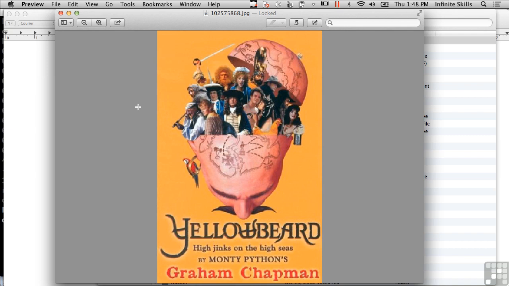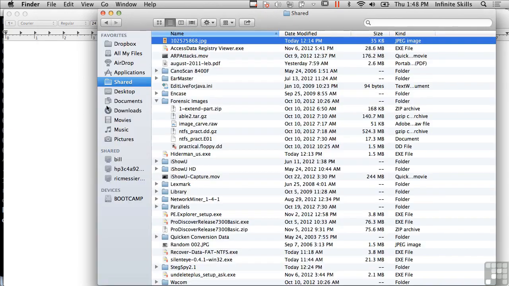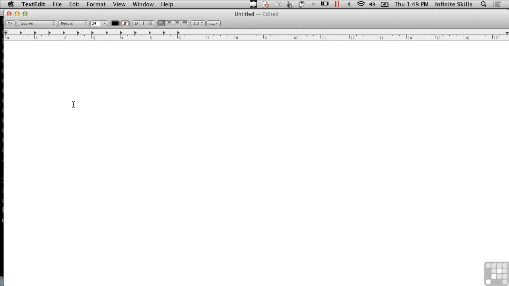So this map was hidden by his hair, and the only way to get to the map was to cut the hair off. So I always think of the movie Yellowbeard when I think of steganography, because that's a good example of hiding information. In this case, you tattoo it on somebody's head, the hair grows in over the top of it, you can't see it until you've actually removed the hair.